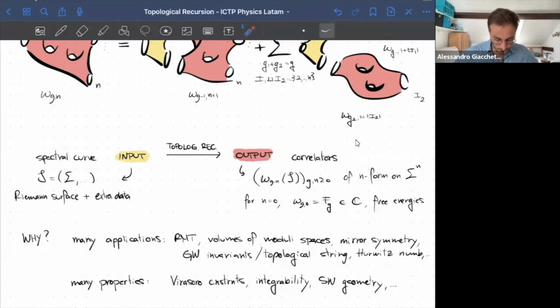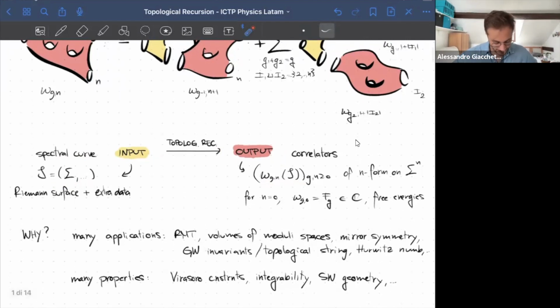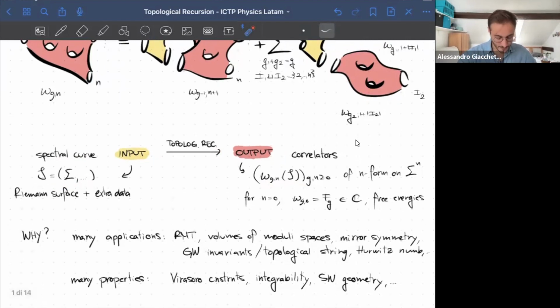So the goal of today is to explain exactly what is this concept of spectral curve, what is this topological recursion formula, and what you can do with these outputs. And before asking how, you should ask why. The main point about topological recursion is that, first of all, it has many different applications.